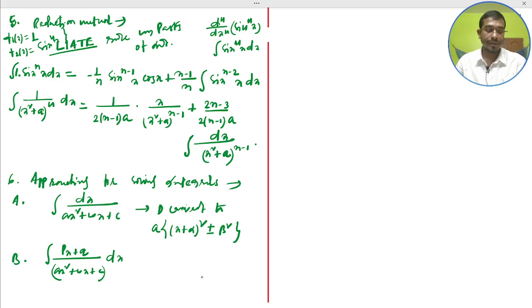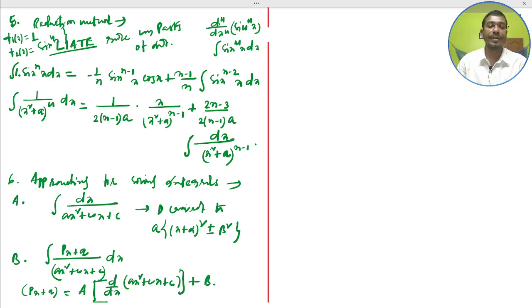For this form, we choose suitable constants a and b such that the numerator px plus q is a constant a into d/dx of the denominator x square plus bx plus c, plus another constant b, where a and b are arbitrary constants.